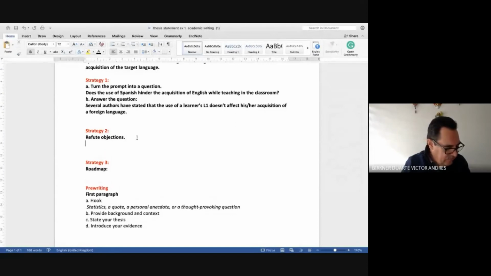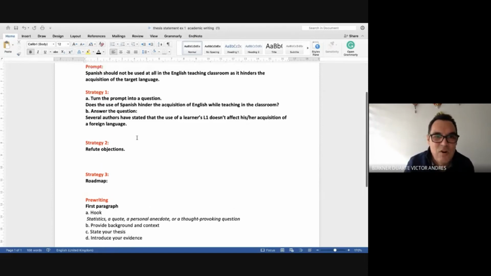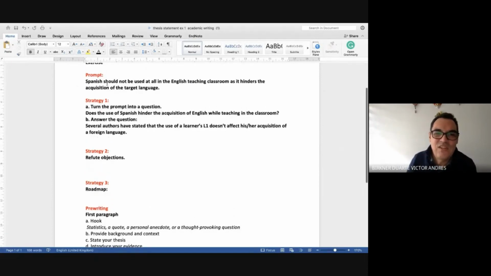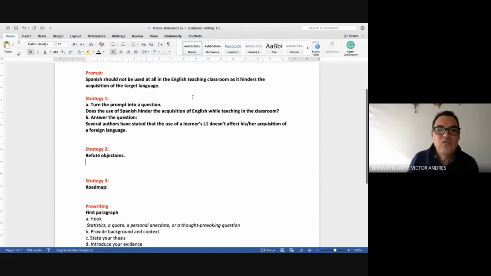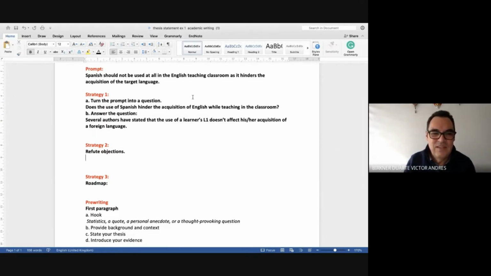All right, I'm going to continue with the second strategy, using the same prompt, right? Don't forget that the prompt is that Spanish should not be used at all in the classroom. And let's see what happens if I use the second strategy.